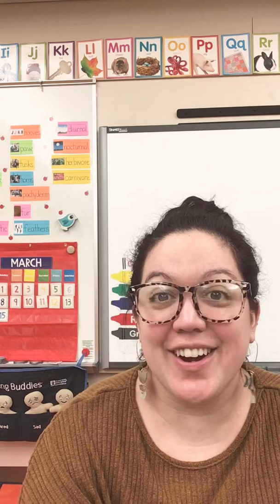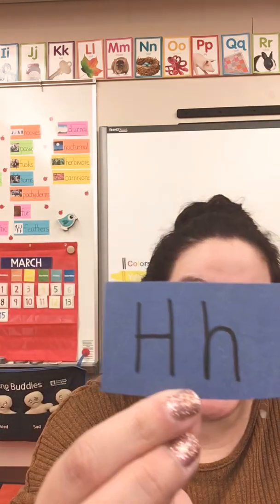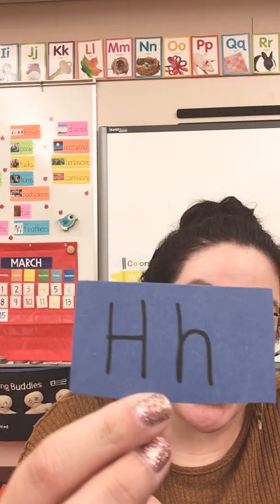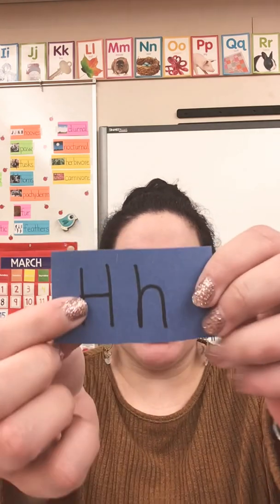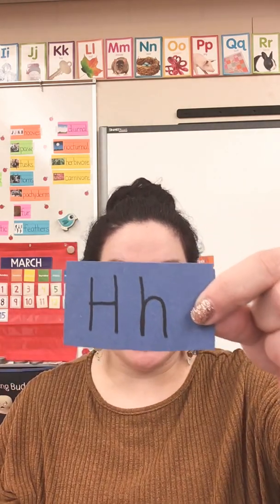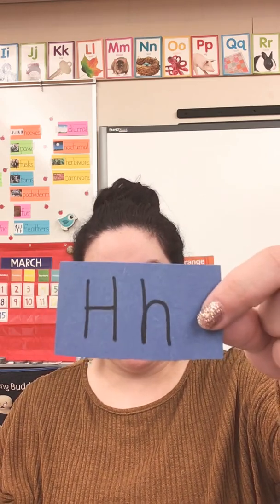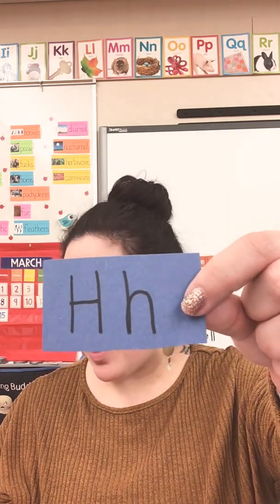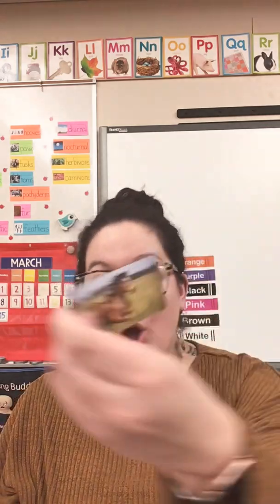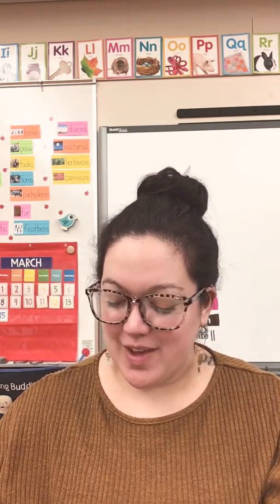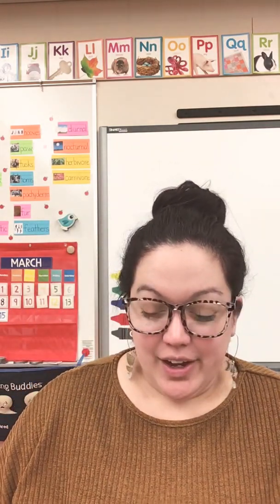Horse starts with the letter H. H for horse. And this is capital H and lowercase h. So go ahead, look for the H on your bingo sheet. Mark it off. H, horse.